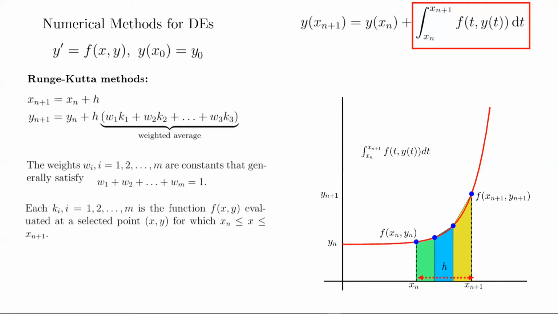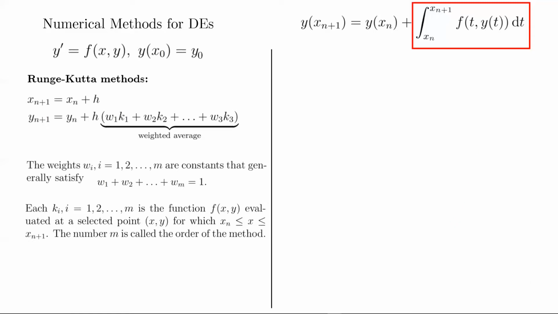Each of the Ki's, so K1, K2, all the way through K3, K4, K5, are like the y stars from the improved Euler method. They're basically the function, I say evaluated, but actually approximated, at a point between xn and xn plus 1.